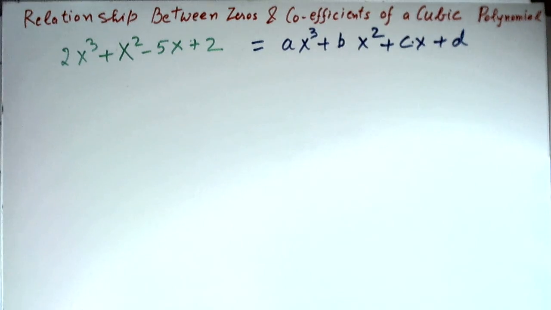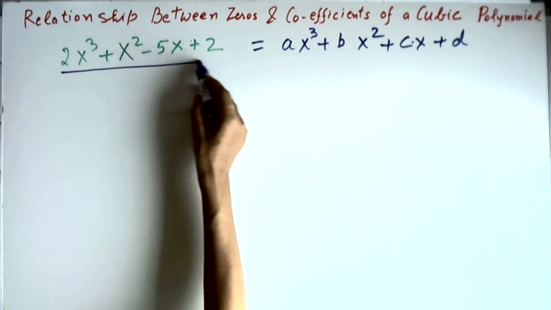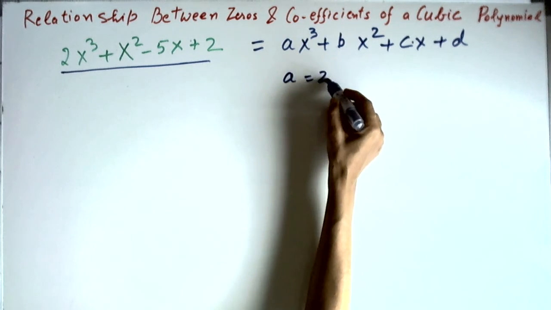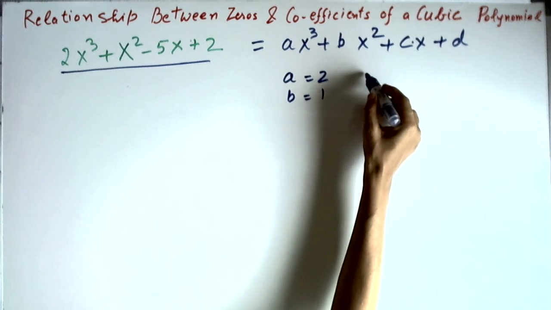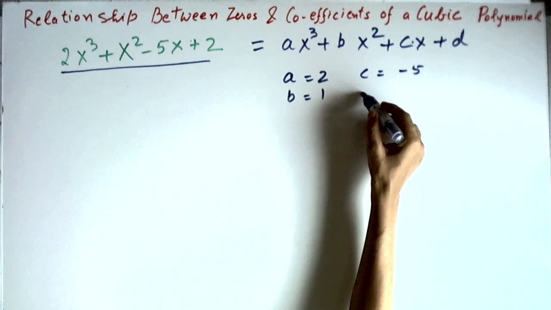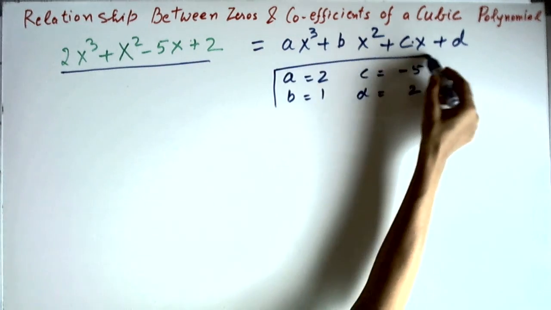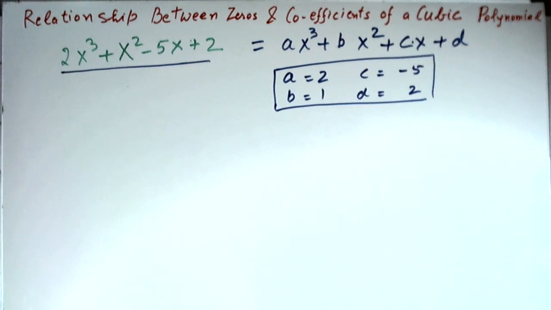So here a, b, c and d are the coefficients. That means for our given cubic polynomial, a is equal to 2, b is equal to 1, c is equal to minus 5 and d is equal to 2. So these are the 4 coefficients of this cubic polynomial.